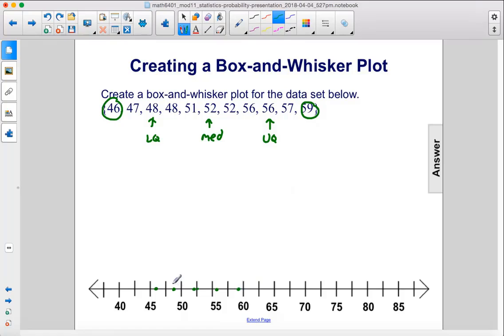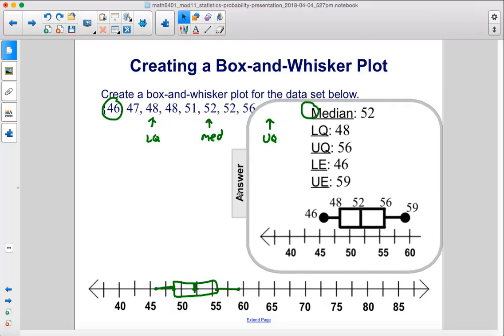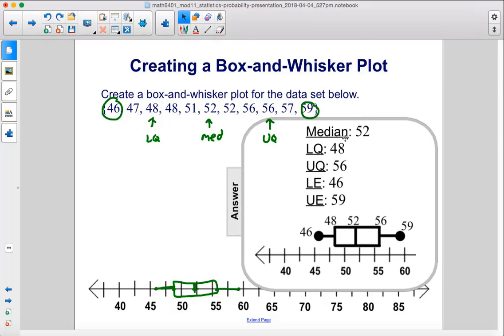So if we connect these in a box, the median would have the line through it, and here are our whiskers. And let's look at the answer. So we have our median is 52, lower quartile is 48, upper quartile is 56, lower extreme is 46, upper extreme is 59, and we have our box and whisker plot.